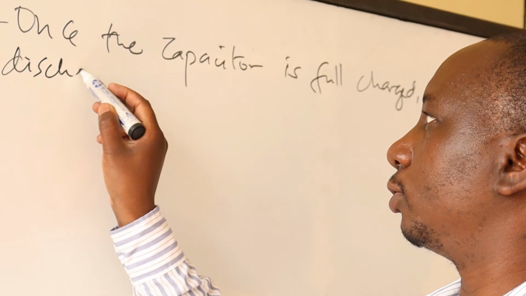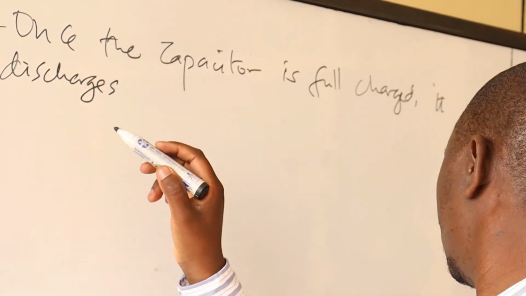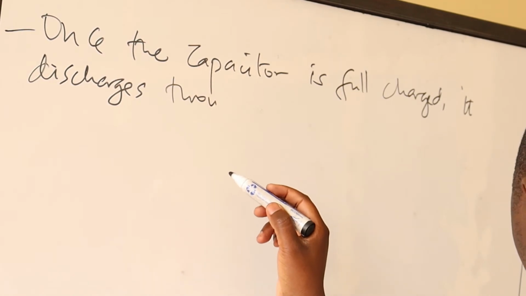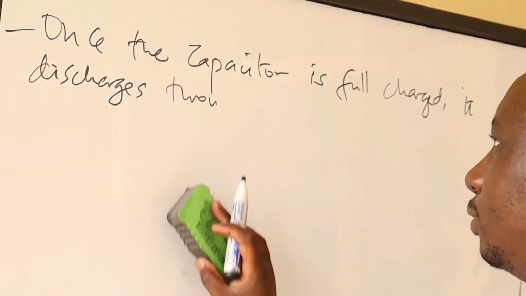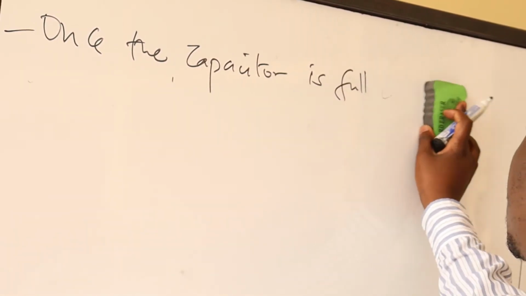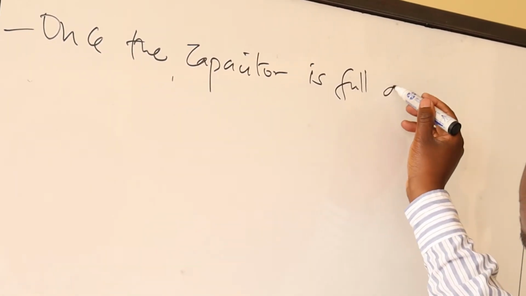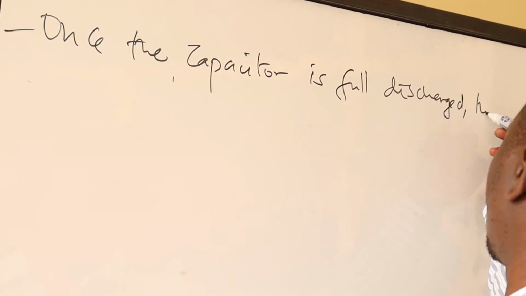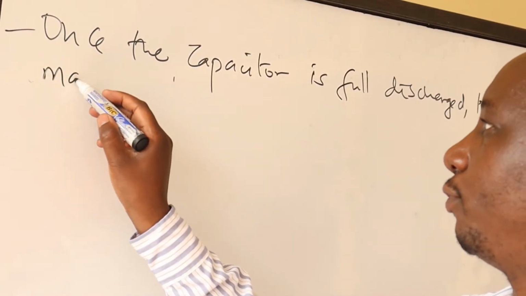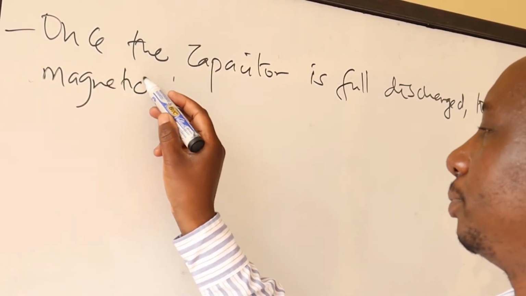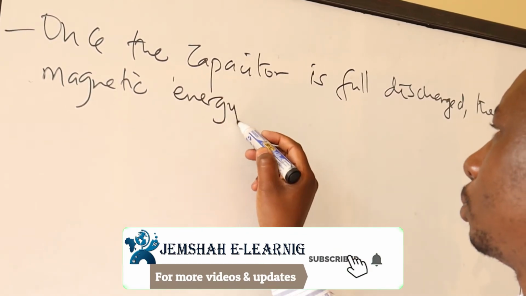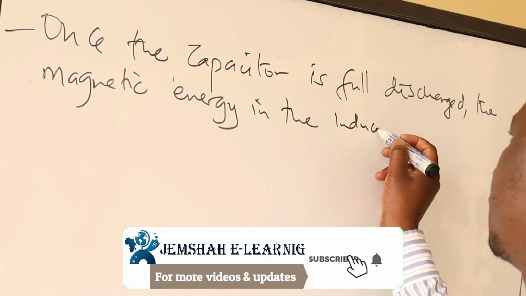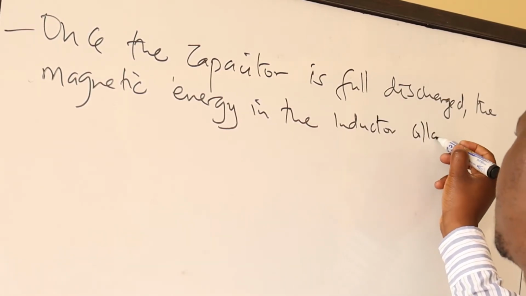Once the capacitor is fully discharged, the magnetic field, or the magnetic energy in the inductor, collapses.